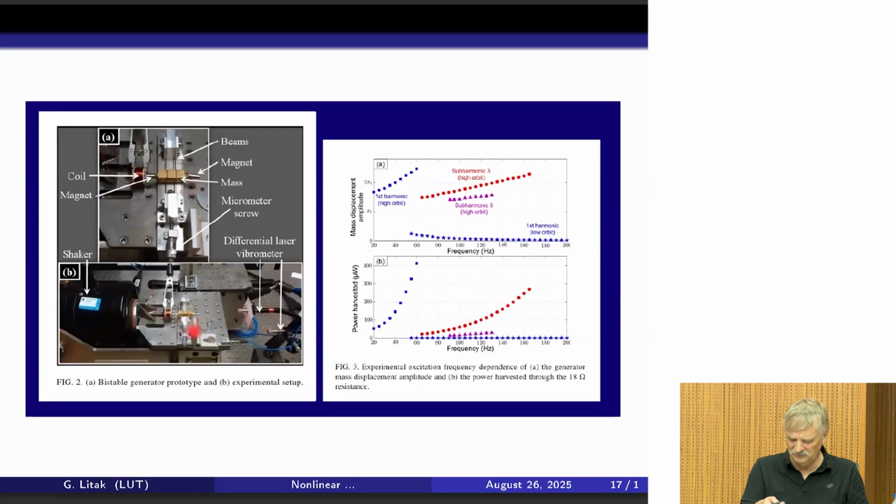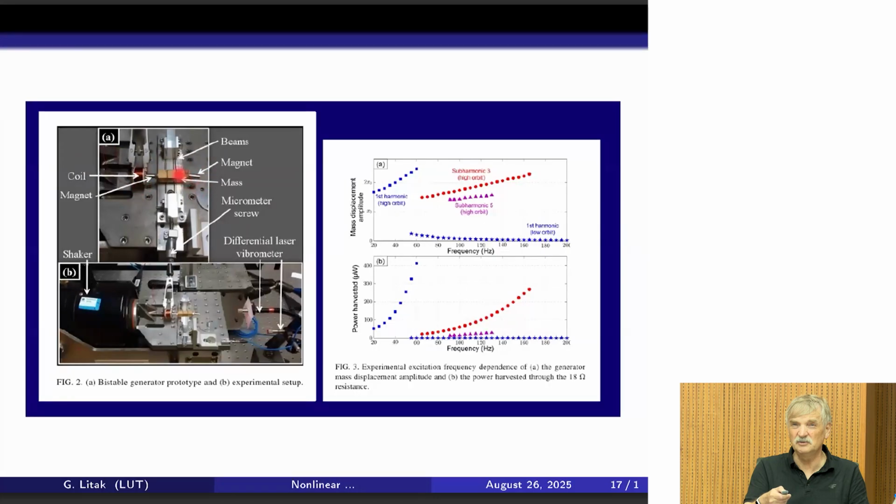There is a special rod with a magnet, and it is going in this way to be included inside the coil, and this is changing the magnetic flux inside the coil.